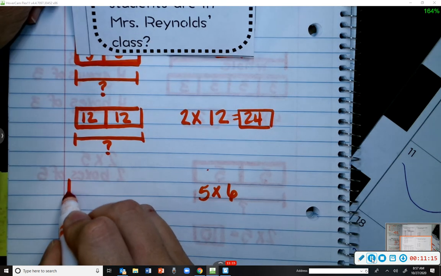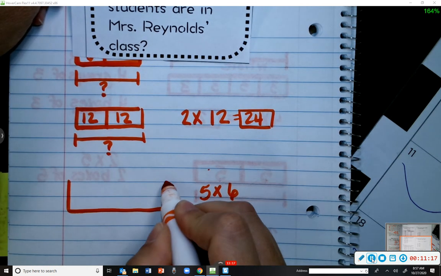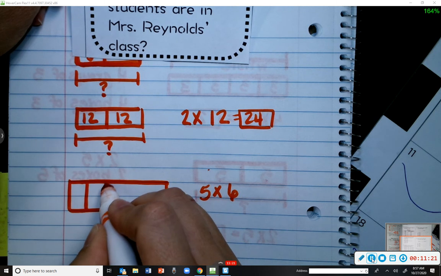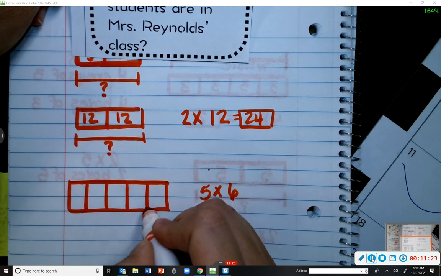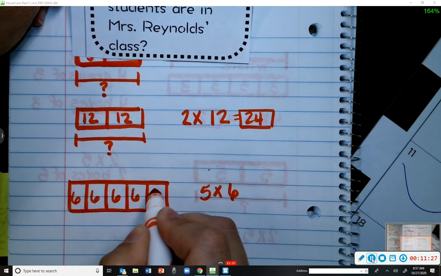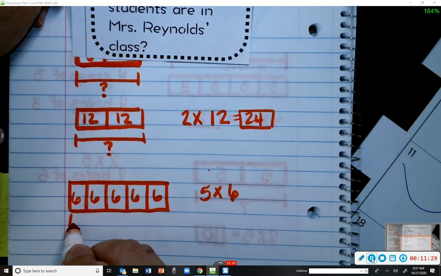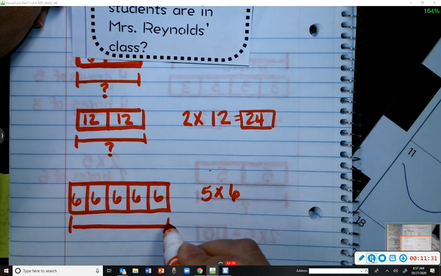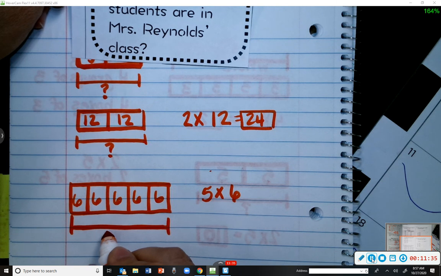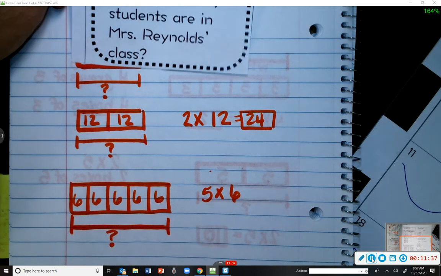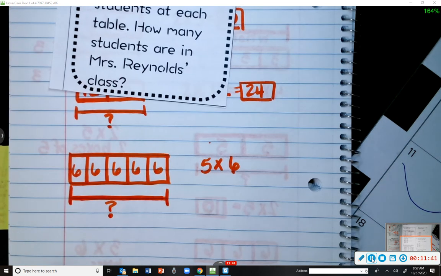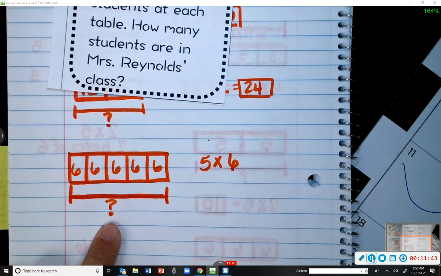So I'm going to draw 5 boxes with 6 in each box. And then we need to have our long bar at the bottom that represents what? The total amount. And we don't know the total amount, so that's why there's a question mark there.